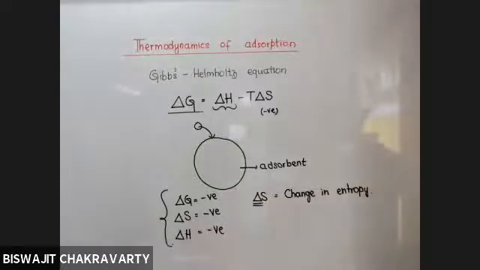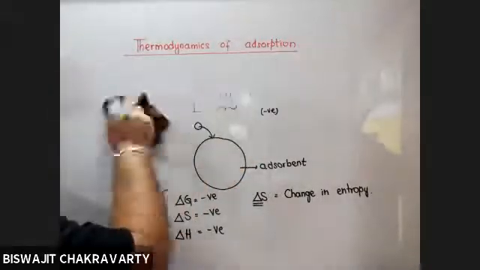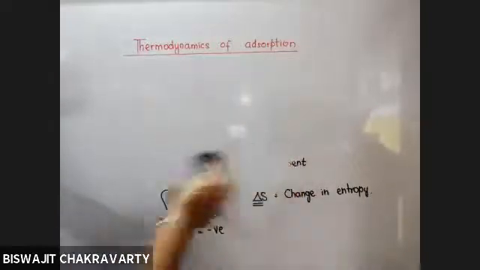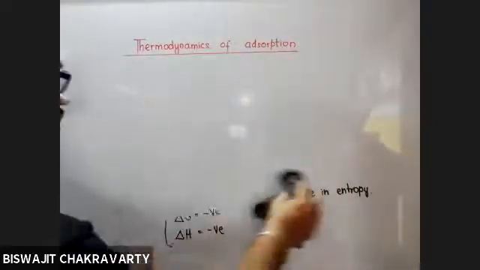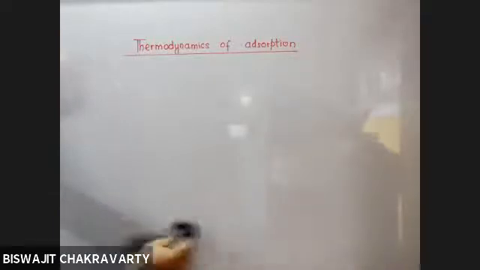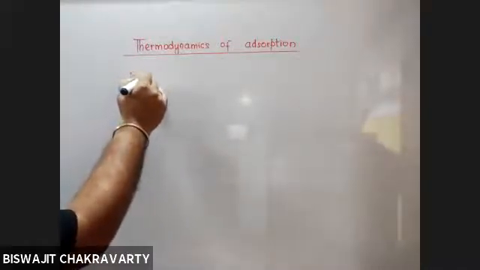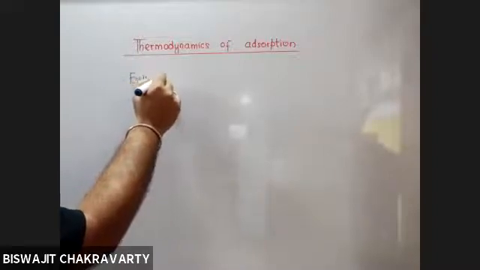That means during the process of adsorption, there will always be some energy released, and the amount of energy released when 1 mole of adsorbate is adsorbed is referred to as the enthalpy of adsorption. So write down the definition of enthalpy of adsorption.